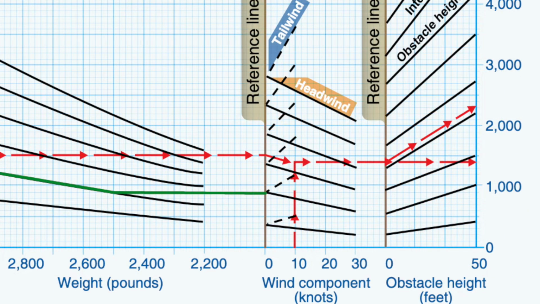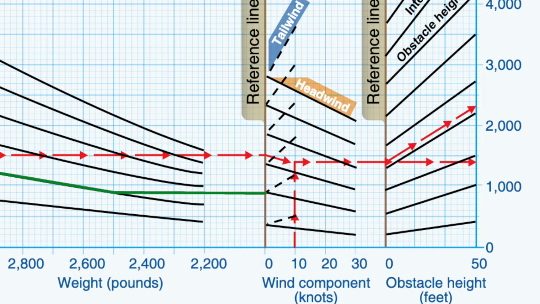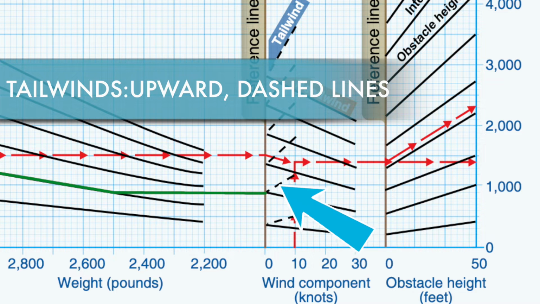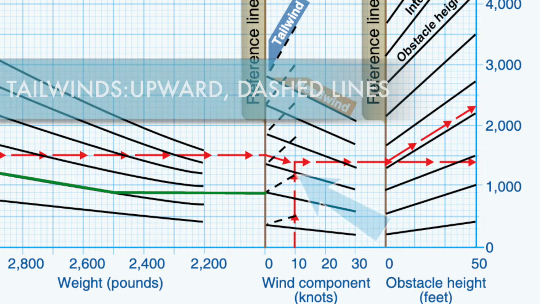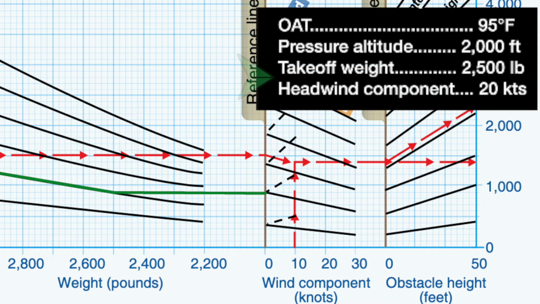Now in the wind section, we are given two sets of guidelines to choose from. The solid downward trending lines represent the headwinds. The upward trending dashed lines represent the tailwinds. Knowing which set of lines to follow is simple by referring to the given conditions in our question, which states here that we have a headwind component of 20 knots.